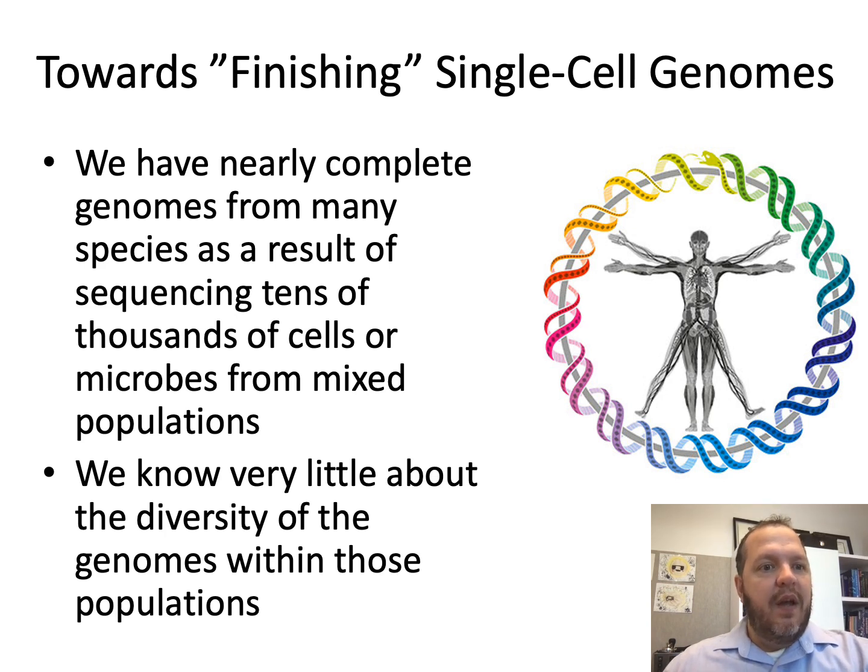But those have all been done as a result of sequencing tens of thousands of cells mixed together in a bulk sample, so you have sufficient DNA for sequencing, or in the case of microbes, from sequencing a mixed population of cells or a pure population that was grown out in culture.